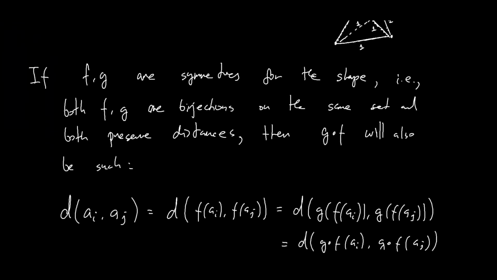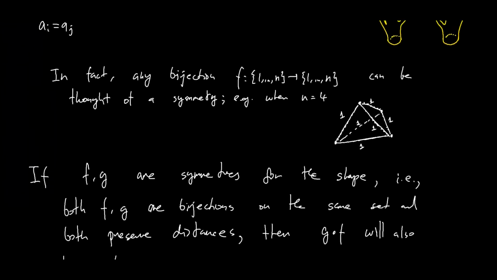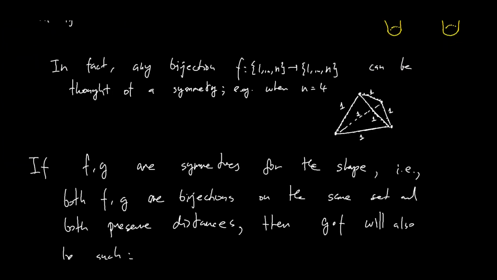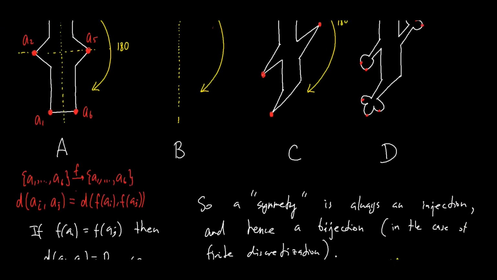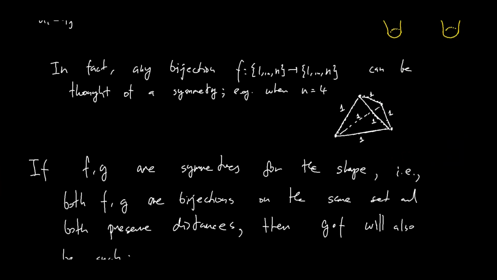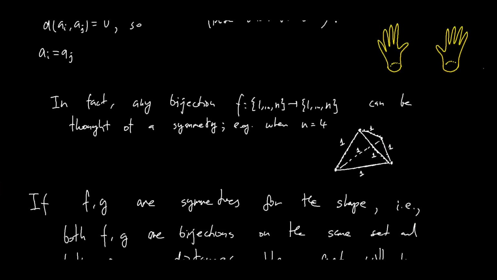And then, as we remarked earlier, every individual bijection can always be seen as some sort of symmetry. But with a picture like this, which makes an arbitrary bijection indeed a symmetry, if now our shape is this, then every other bijection will also be a symmetry.